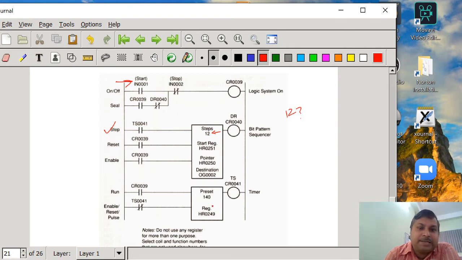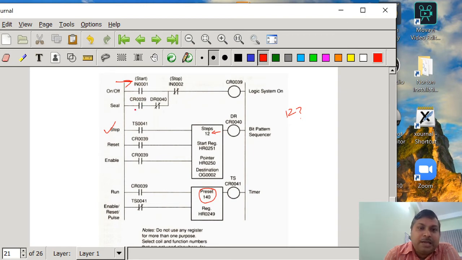TS41 is a timer, and we want to generate a pulse at every 140 second interval of time. That's why the preset value we have taken is 140, and CR39 is the master switch, so for the reset and enable as well as the run switch for the timer we have taken the address of CR39.